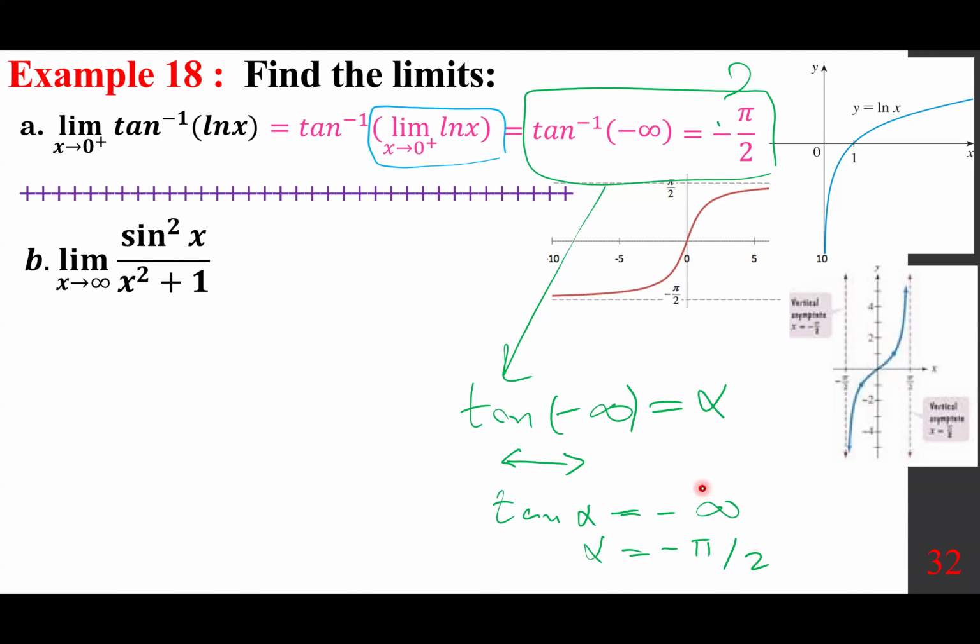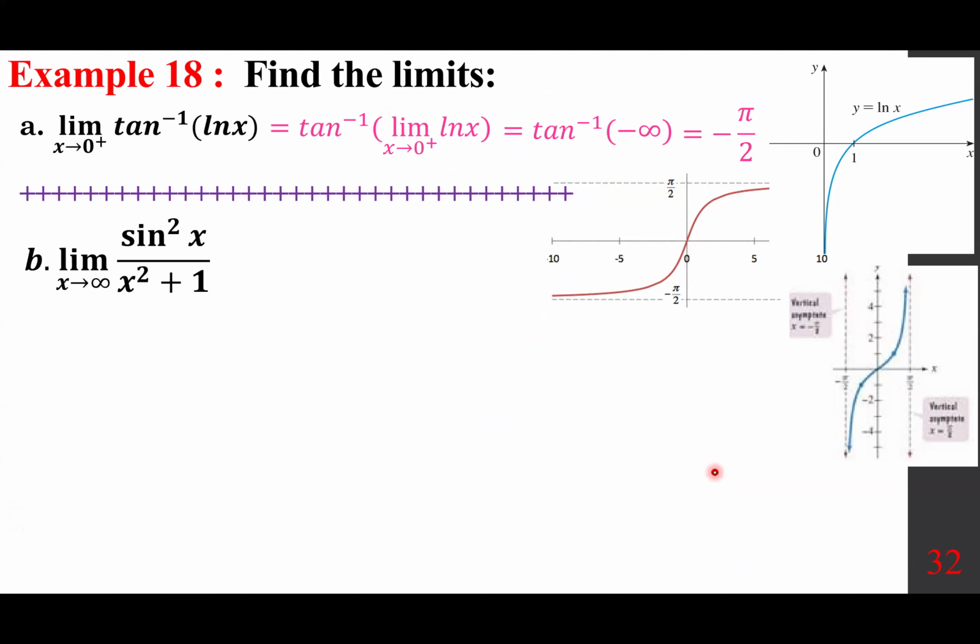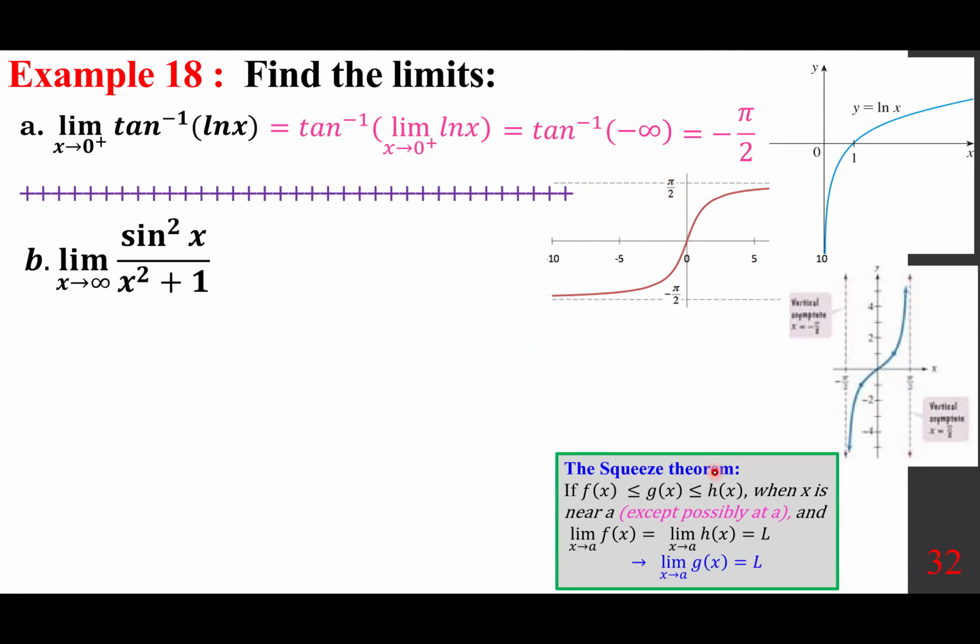Limit of sine squared x over x squared plus 1 as x approaches infinity. What is the technique? Let me erase my work so we can use the space here. Remember when we used the squeeze theorem and the technique that was discussed in the case of a squeeze theorem, whenever sinusoidal functions, sine, cosine, and so forth are involved, the technique or the trick is to start with sine.